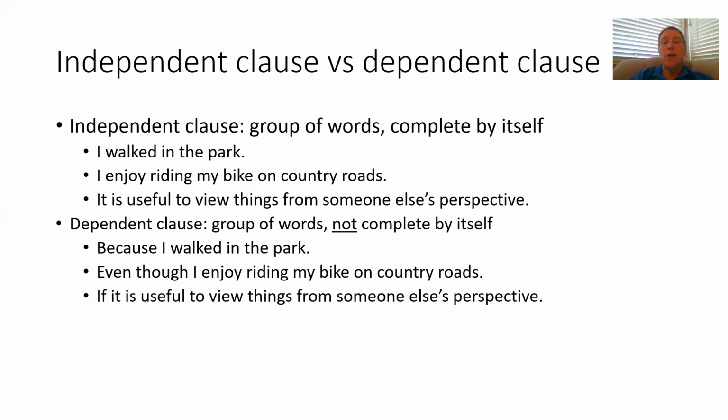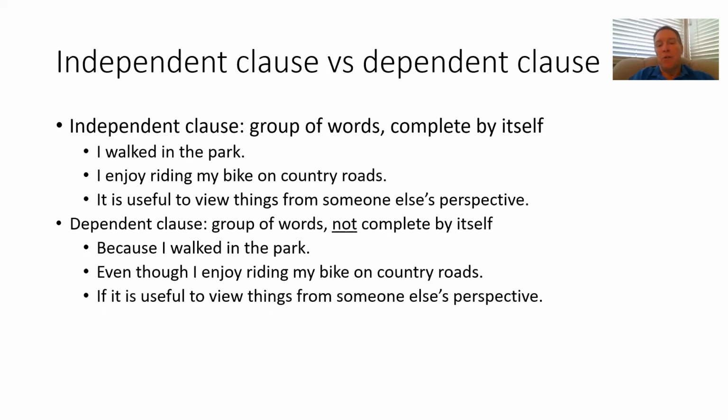In addition, another kind of clause is a dependent clause. It has a subject and verb, but it is not complete by itself. So for example, because I walked in the park. Okay, it's a group of words, it's got a subject and verb, but it's not complete. Because I walked in the park, well, what? Even though I enjoy riding my bike on country roads, okay, what else? There's something else that has to go with that to make it complete.